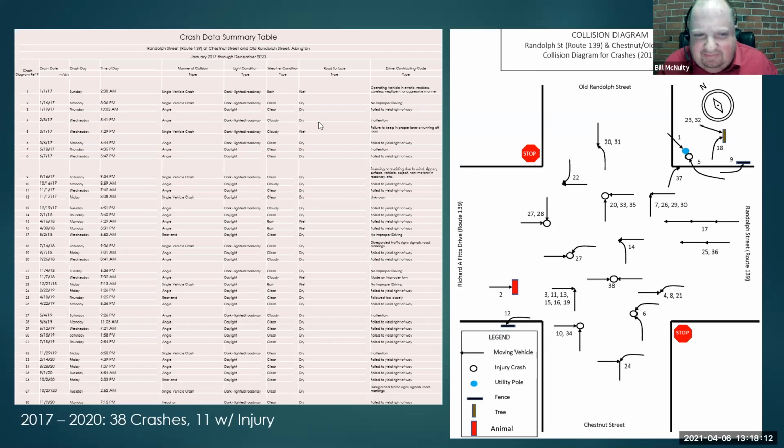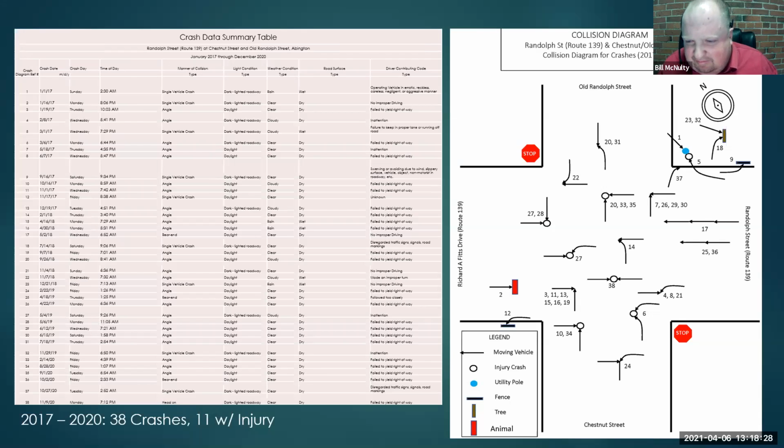And I realize the print on the screen for the actual crash database is small, but you can see the collision diagram here. Collisions are happening all over the place.